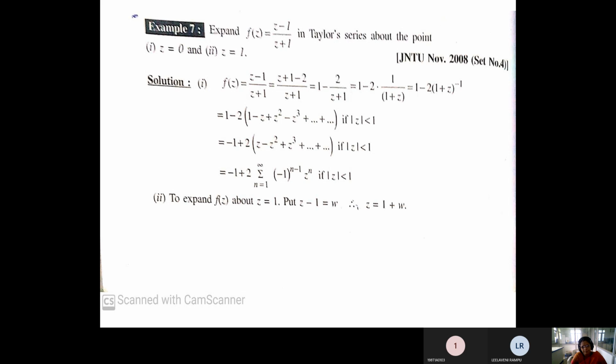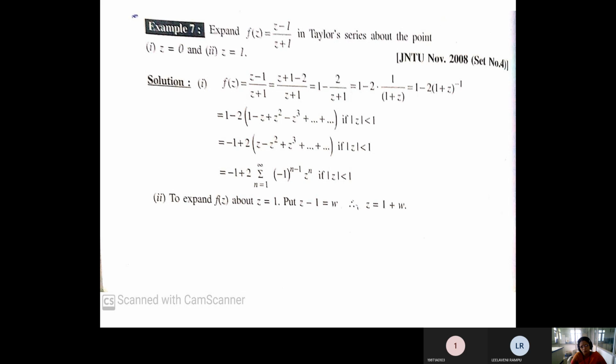In the numerator there is negative 1, which can be written as minus 2 plus 1. So z plus 1 by z plus 1 minus 2 by z plus 1, that is equal to 1 minus 2 by z plus 1.